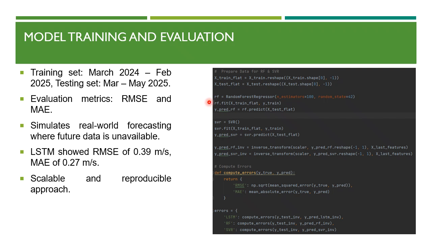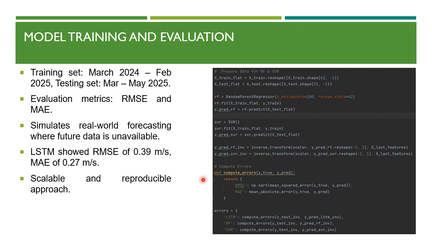Here is a continuation of the code from the build of the LSTM model. The data is split into the training set and the testing set. The model is built and then trained, and the same is repeated to test against other standard models such as the random forest and the SVR.